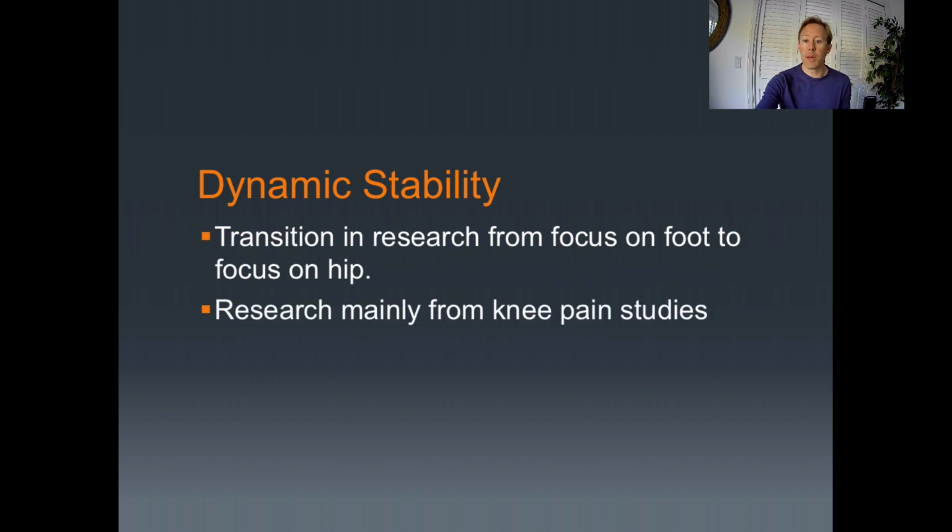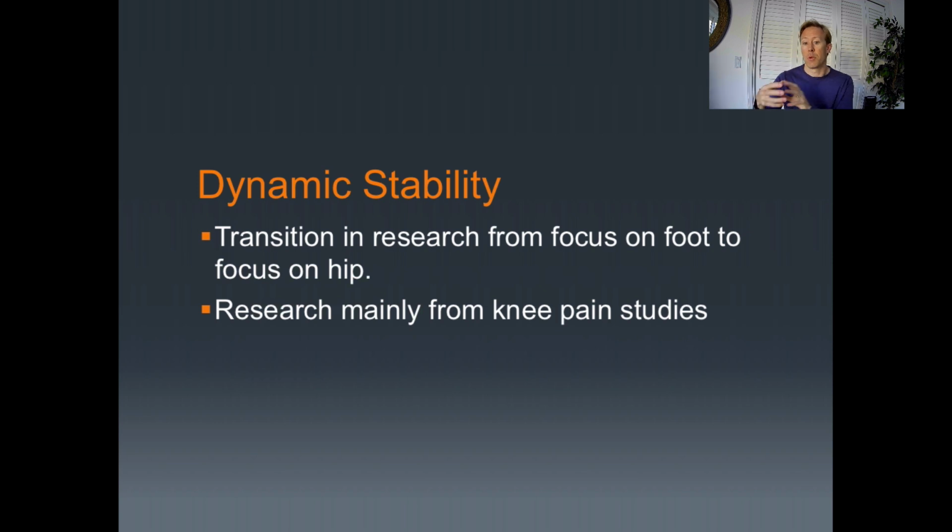So a lot of this comes from knee pain studies. This transition towards the hip, again, came from different places in the world, but Southern California was a big one. Looking at people, especially with patellofemoral pain, kneecap type pain, they found that when they did squats, a lot of these people weren't controlling their femur well through the glute muscles, and that was causing things like internal rotation and adduction of the femur, which would change the orientation of the kneecap on the femur.